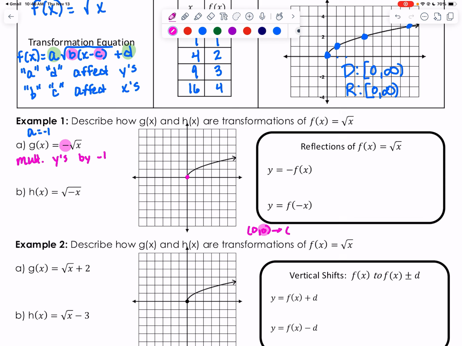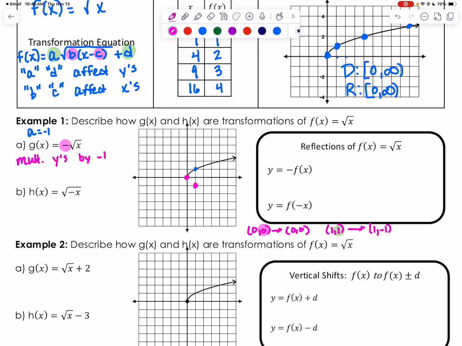So (0, 0) would transform also to (0, 0). So we're going to have a point right here. Now our next ordered pair is at (1, 1). So if I take (1, 1) and multiply that y value by -1, 1 times -1 would be -1.